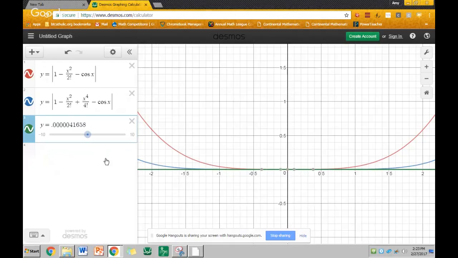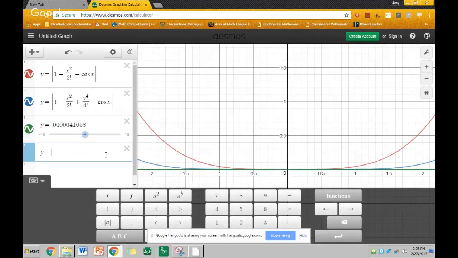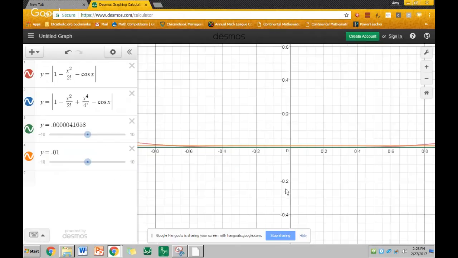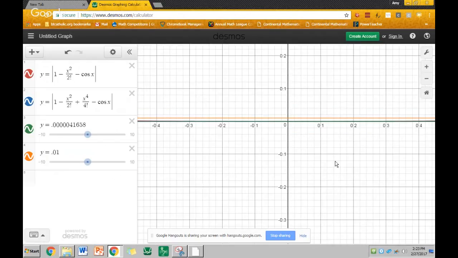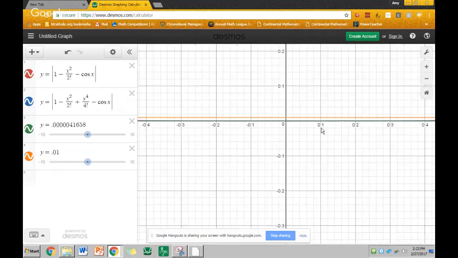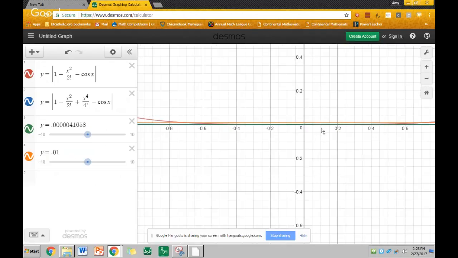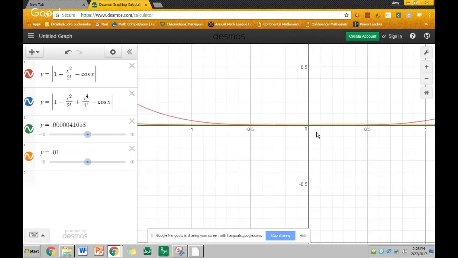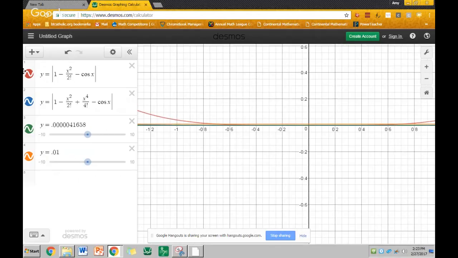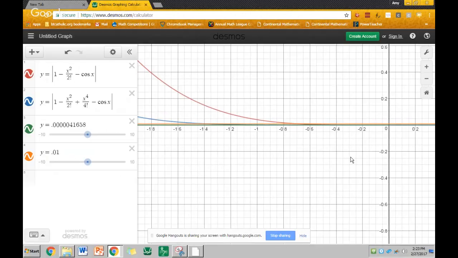Do you see where it intersects the curve here, the red one? Let's figure out what that intersection point is. I guess it lets us do that.